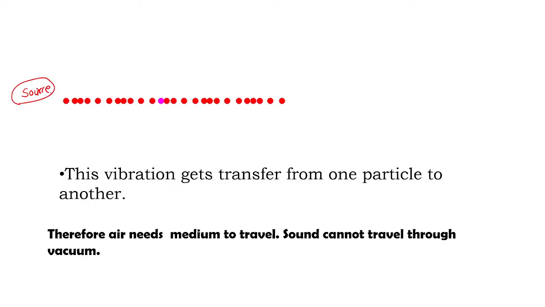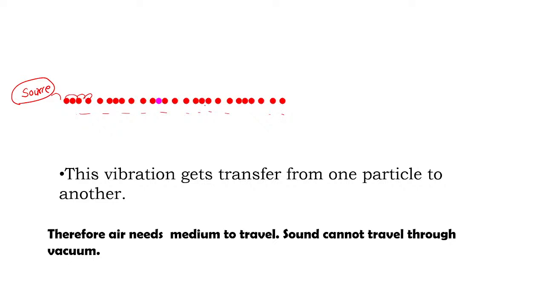When you hit it, it vibrates, and because air molecules are closer to this source, they collide with this source which is vibrating, and the vibration is passed on to this first molecule. The first molecule hits the next one, it is passing the vibration to the next one. When the third molecule hits the fourth one, it is passing the vibration to the next one, and in this way the vibration is being passed from one molecule to the other one, from one particle to the other particle.